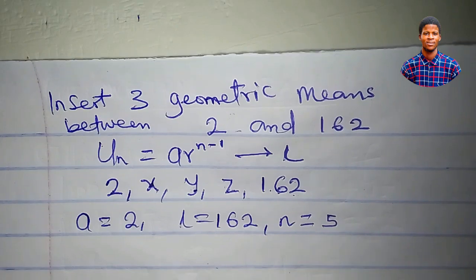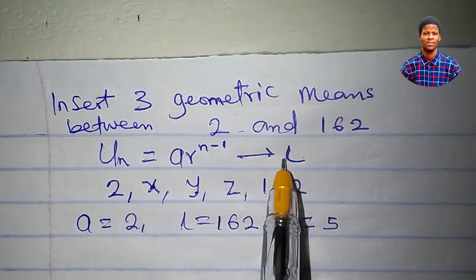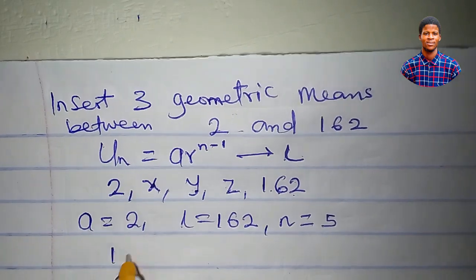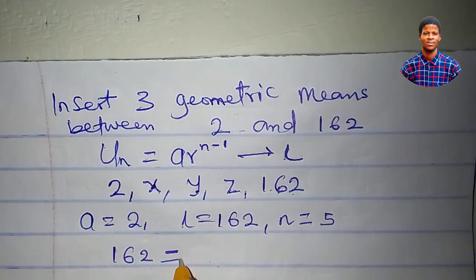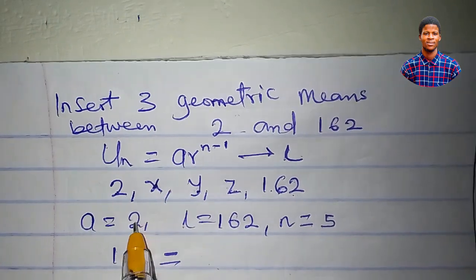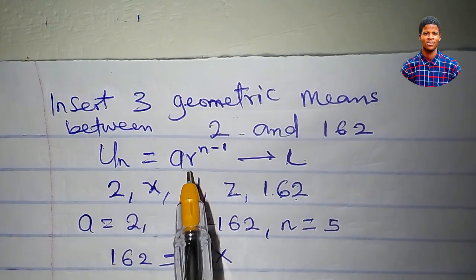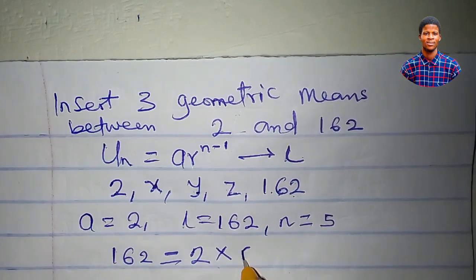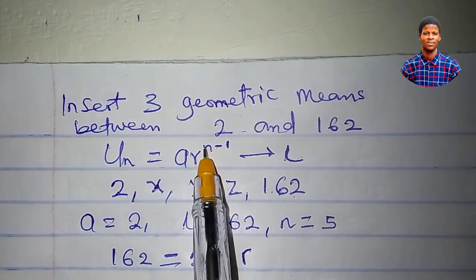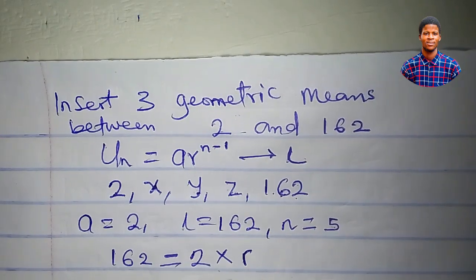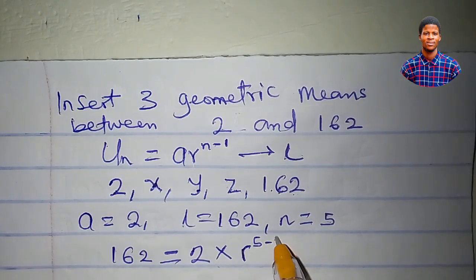Alright? So going by this formula, the last term is 162, which is equal to a, which is 2, times the common ratio, which we are looking for, raised to the power of n minus 1. n is 5. 5 minus 1.